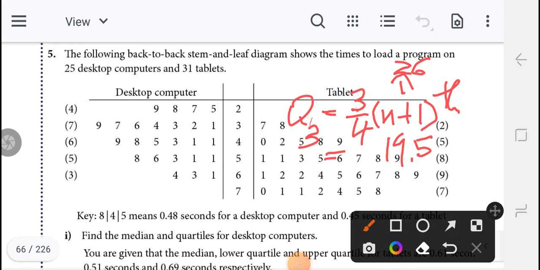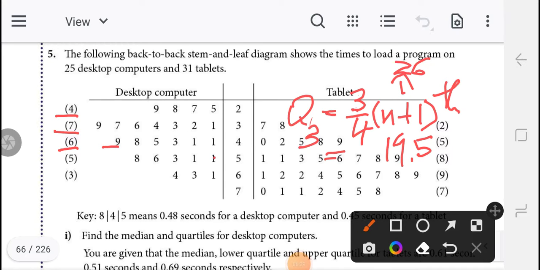The first row ends at number 4. The second one ends at number 11, 4 plus 7. The next row ends at number 17, 4 plus 7 plus 6. So this number here is the 17th number.